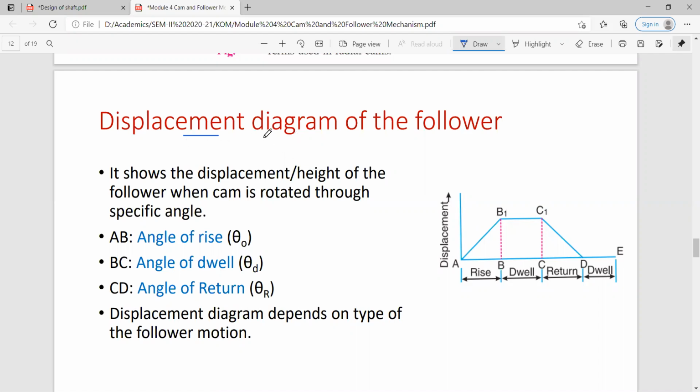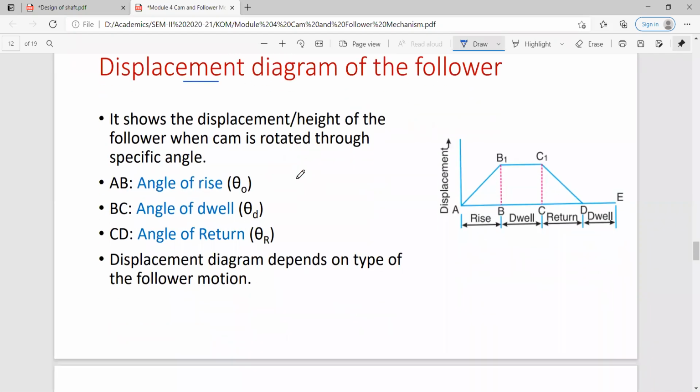So what is the displacement diagram of the follower? It shows the displacement or height of the follower when cam is rotated through a specific angle.